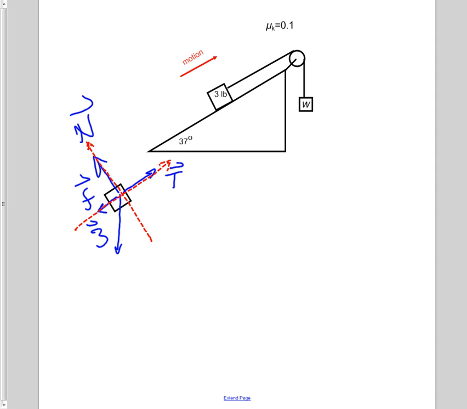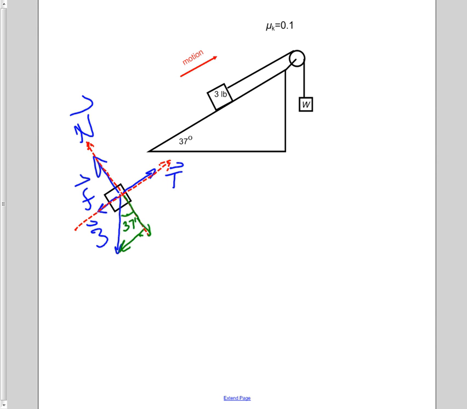So, back here, let's resolve all our forces. T, N, and F are already resolved in this coordinate system, as long as I'm careful with my signs, and the 2 components of the weight are like this. Okay, and this is 37 degrees here.